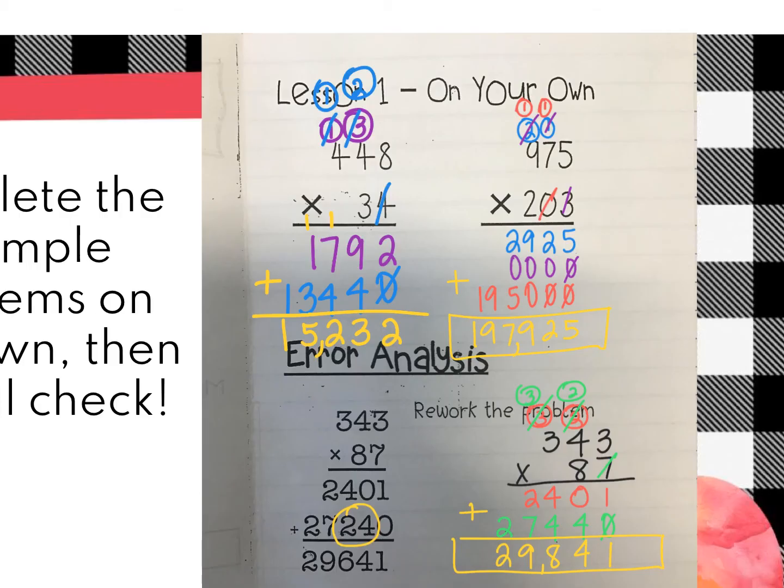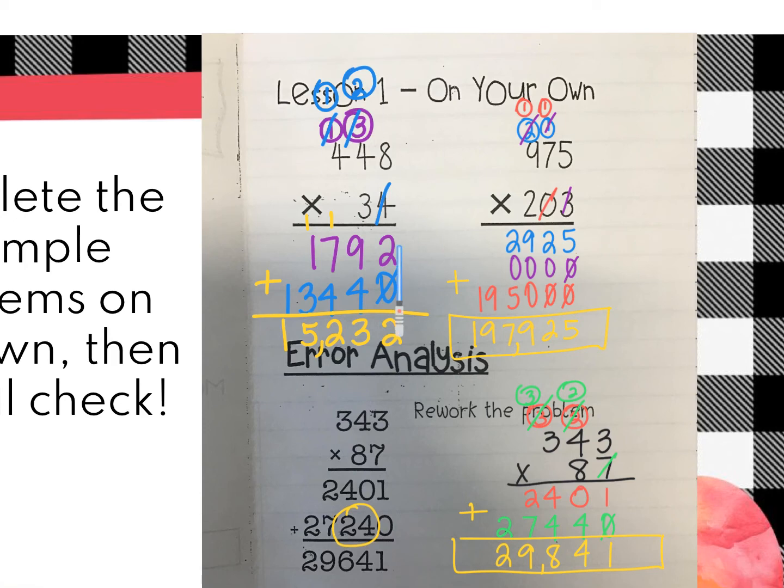Okay, we're going to go ahead and check over our work. If you and your group mates got something different, we're going to check it right now so that you can see exactly what we should have done. Remember, I told you guys that if you are multiplying a number by a 2-digit number, you're going to have 2 partial products.